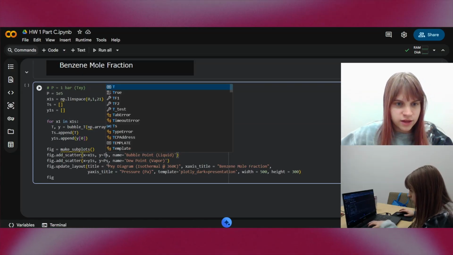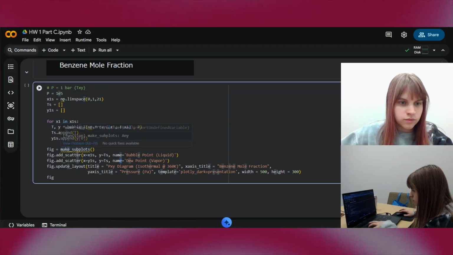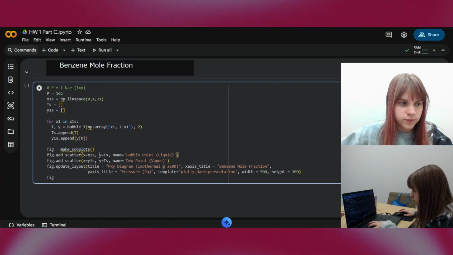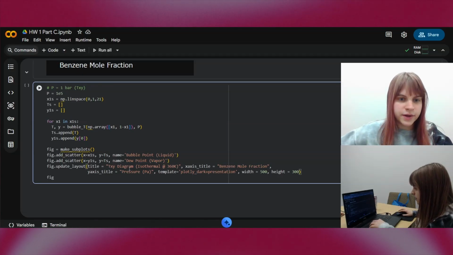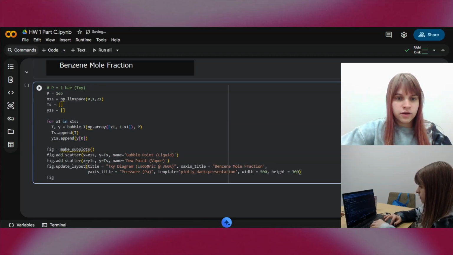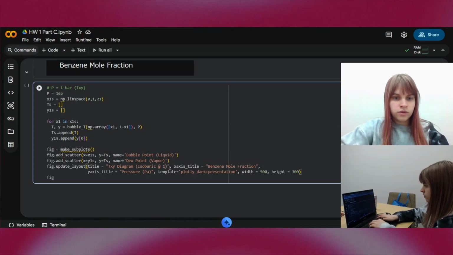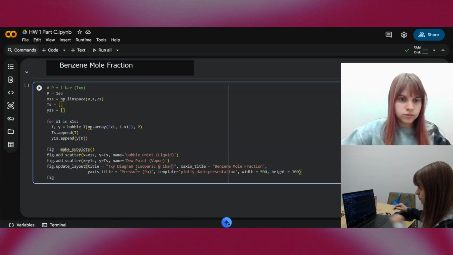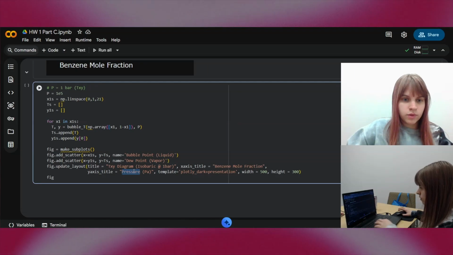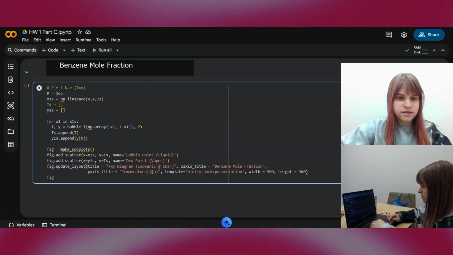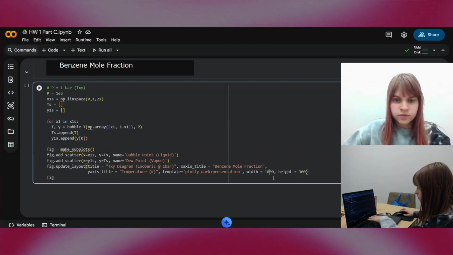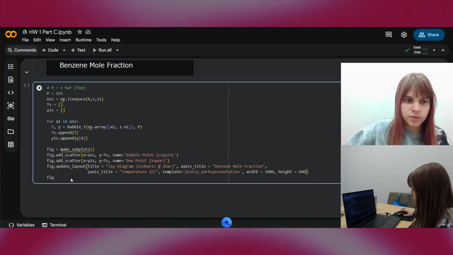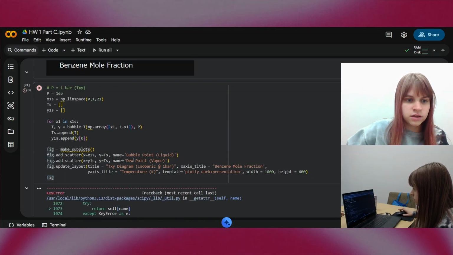The y is using the temperatures. This should be right. We are doing a TXY diagram, isobaric at 1 bar. Temperature is the y-axis. This is in Kelvin. And I'm going to make this bigger so we can look at it, and then I'll probably make it smaller like I did previously.